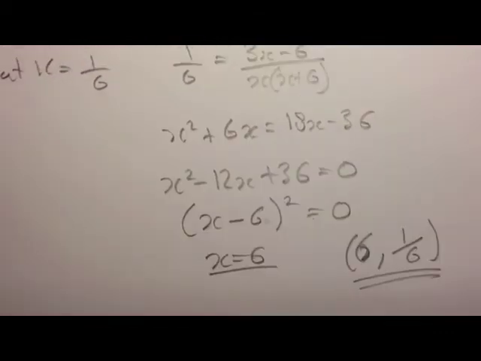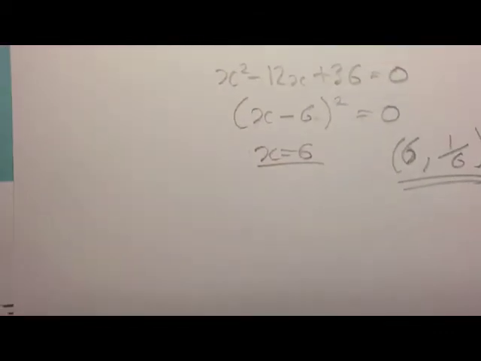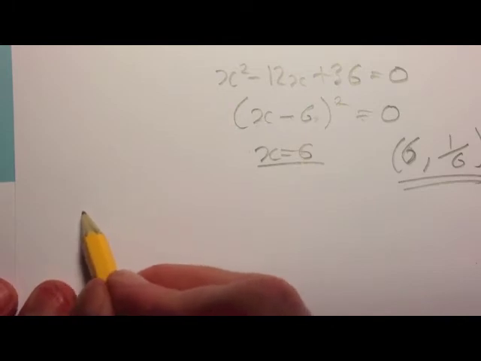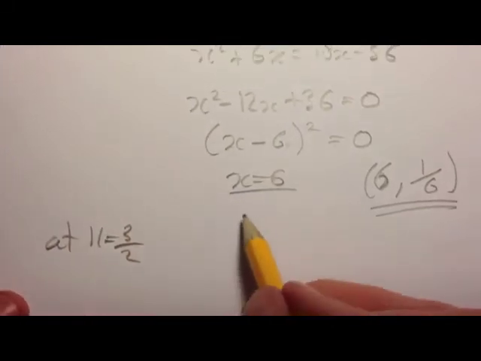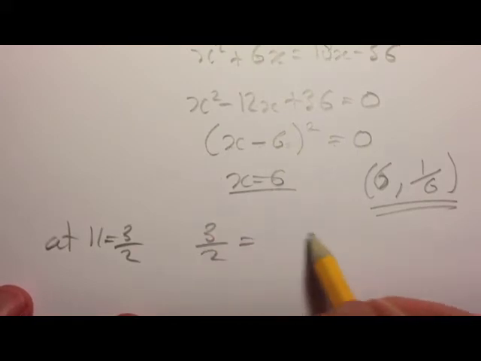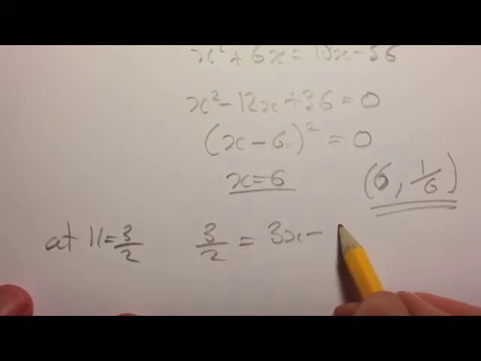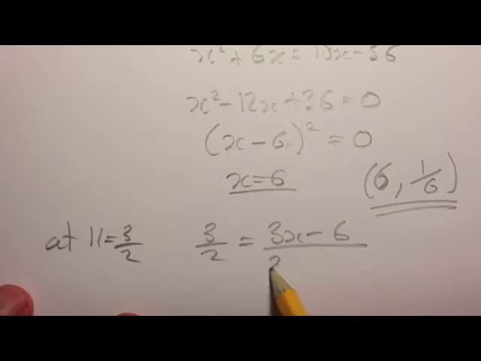For our second one, we're solving for the second k value, which we had was 3/2. So at k equals 3/2, again we'll sub it in. 3/2 equals (3x minus 6) over x(x plus 6).